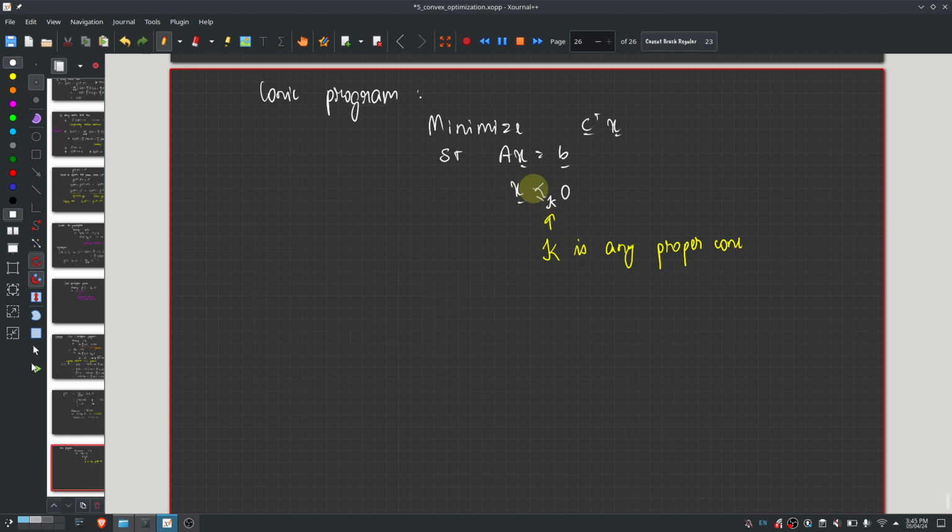For example, it could be a vector space. It could be the ice cream cone. It could be any norm cone. It could be a positive semi-definite cone. Anything. So once again, let's try to compute the Lagrangian.